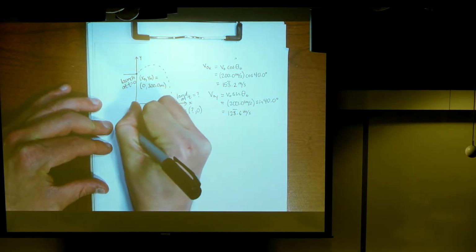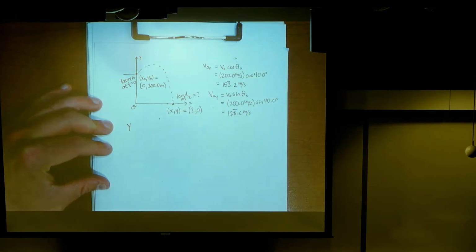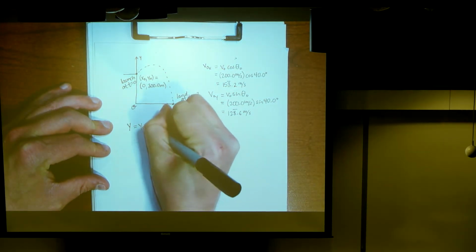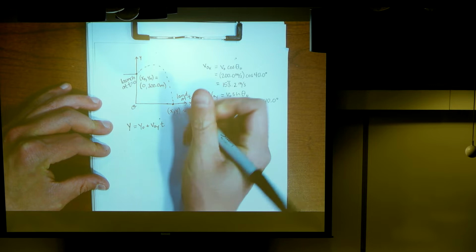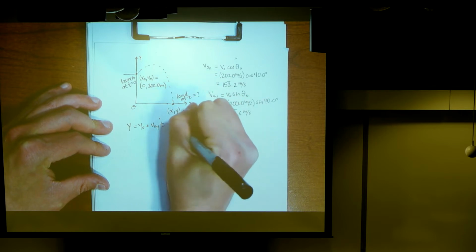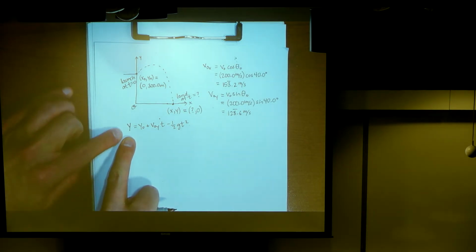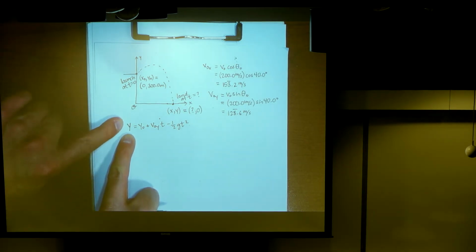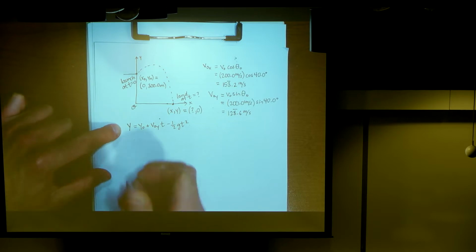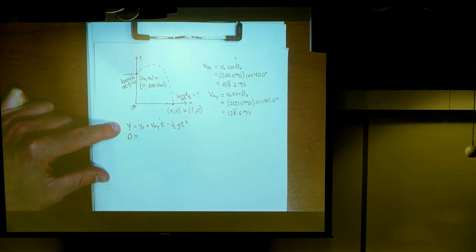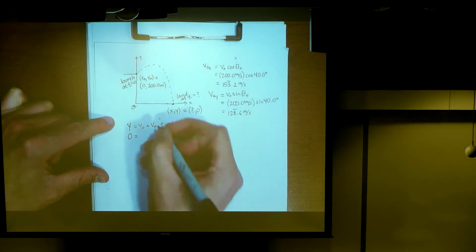Here's how I'm going to go about doing that. I'm going to write down my y equation for this projectile. It says y equals y naught plus v naught y times time minus 1/2 gt squared, okay? Now let's think about what we're putting in here. My final y position, what goes in there? 0, right? Initial y position? 300 meters.